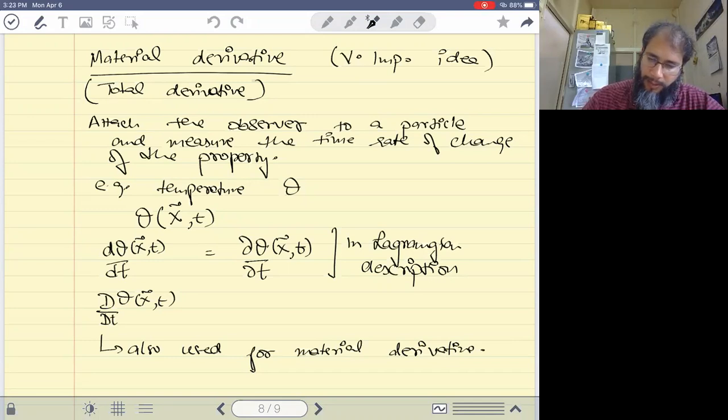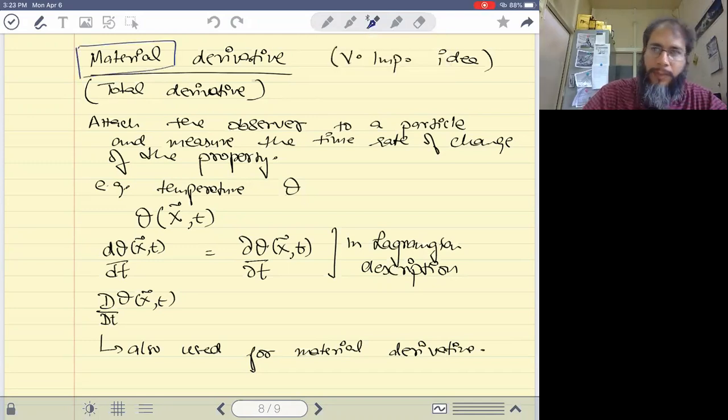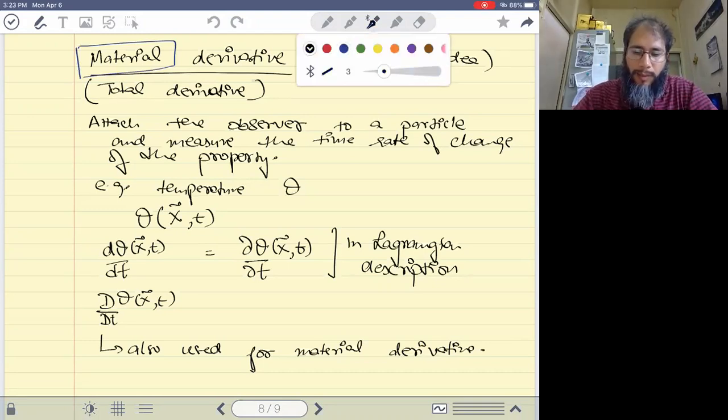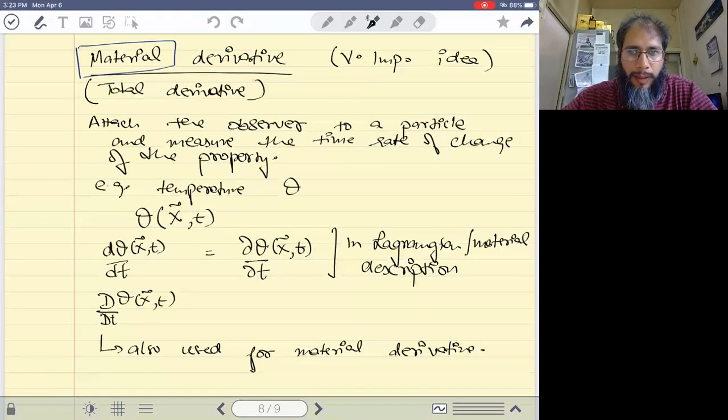And you can see that the word material actually refers to the material description or the Lagrangian description. So it's basically the rate of change of theta with time if theta is given in the material or the Lagrangian coordinates.